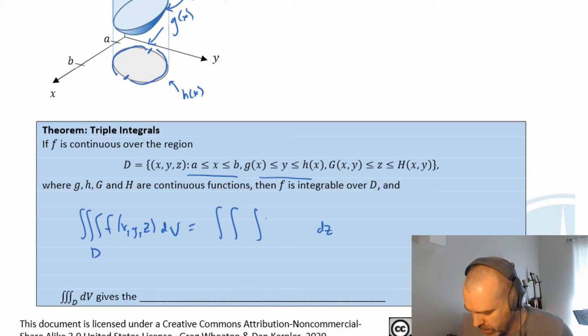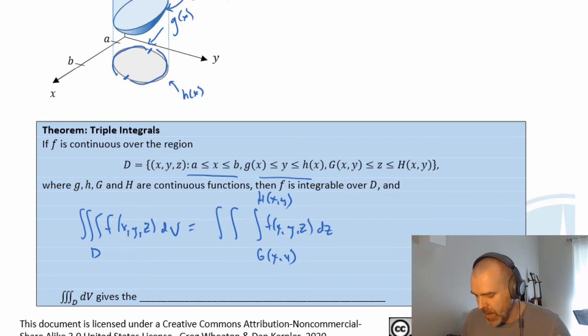So dz, we're going to integrate the function of x, y, and z, where z goes from capital G of x, y up to capital H of x, y. And then y goes from g of x to h of x, and then x is last. It goes from a to b.